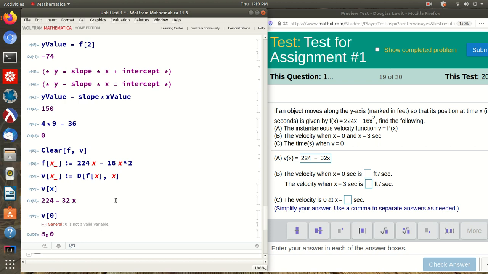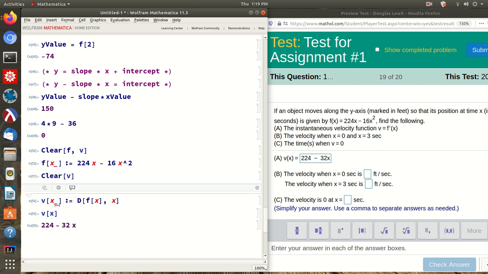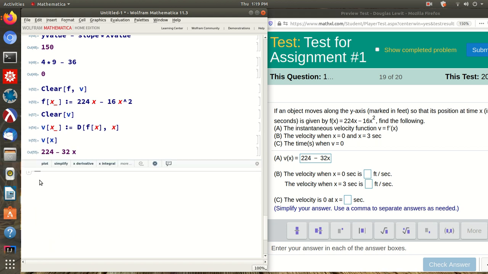Oh, I see what happens. Okay, so here. Wait a minute. So what I'm going to have to do is use a different, okay, let me clear, this is a Mathematica issue. So v of x, here, you know what, let me go back over here. Let me use a different letter with respect to y.